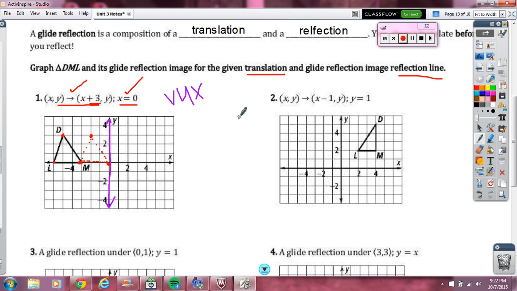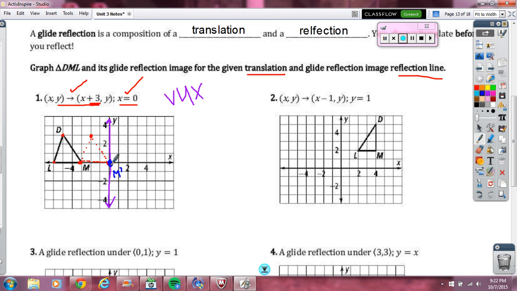So I have taken my original shape, I glided, I translated it over here to where it is shown in red. Last step, reflect. Point M prime: M is already on the line of reflection, so it actually isn't going to move.